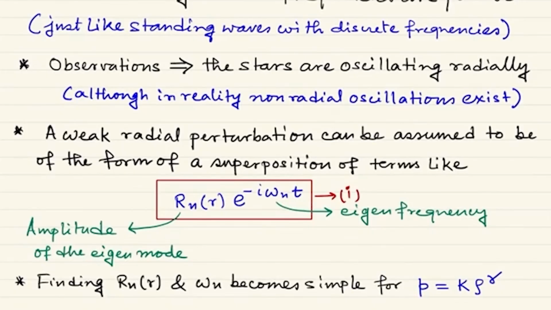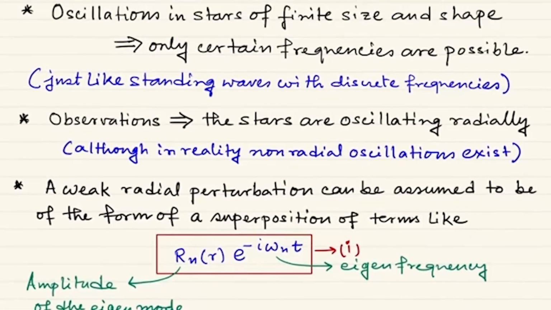The time dependent part is given like this, e to the power minus i omega n t. If omega n is like a plus ib and b is positive, then this i and this i will give you -1, and -1 gives you +1. So finally it will give a growing nature of the perturbation in time.